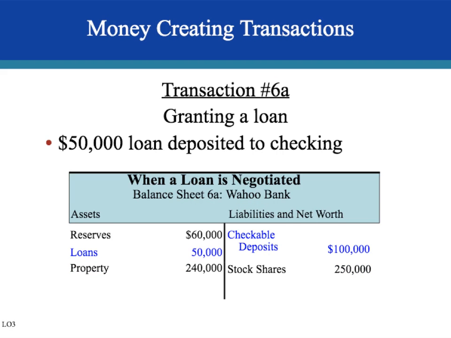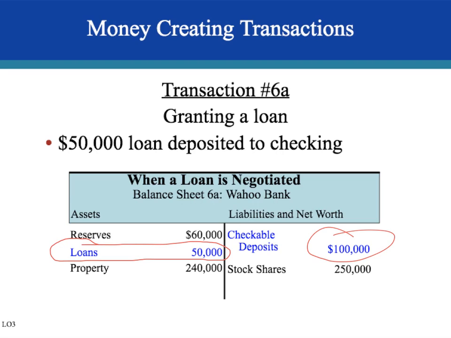Okay, so let's say a company wants a $50,000 loan in order to expand its operations. Once Wahoo Bank determines that this company is creditworthy, they will increase the company's balance on their account with Wahoo by $50,000. So checkable deposits go up by $50,000, for a total of $100,000. And also, a loan was created here in the asset category of $50,000.